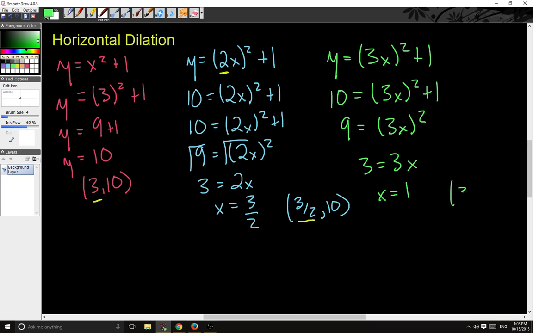So we would expect (1, 10) to be a point. We notice that this is 1/3 the size of this, and 1/3 is the reciprocal of our scale factor.